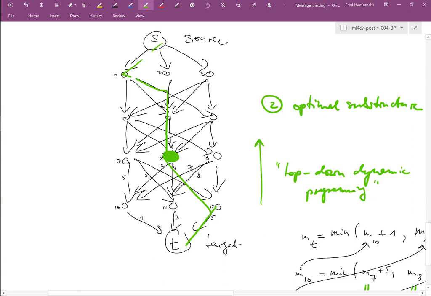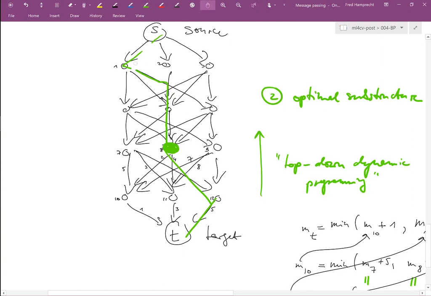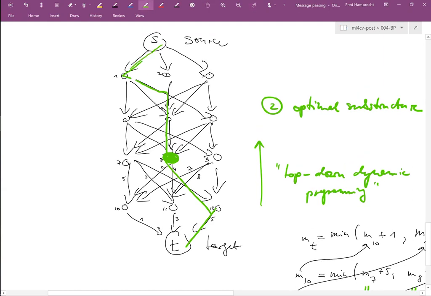Then optimal substructure means that the shortest path to node 8 must also be the one that in the end will lead to T. So if the overall optimal path from S to T goes through 8, then the best path to 8 itself coincides with that solution.